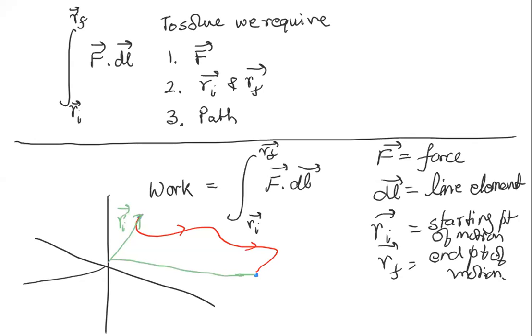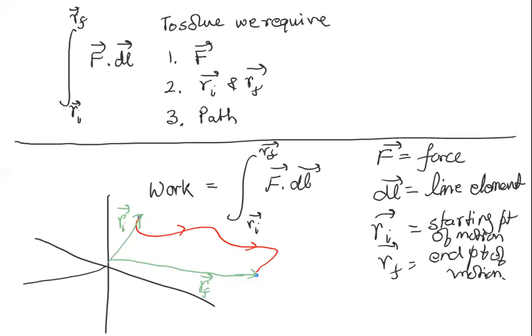This would be defined as the final position. Please never confuse yourselves with normal integration limits, because in normal integration, after carrying out the integration you actually place the limits into the expression. So Ri and Rf have got nothing to do with the path. Ri and Rf have got nothing to do with the path of the particle. That is a completely different, independent piece of information that we require.